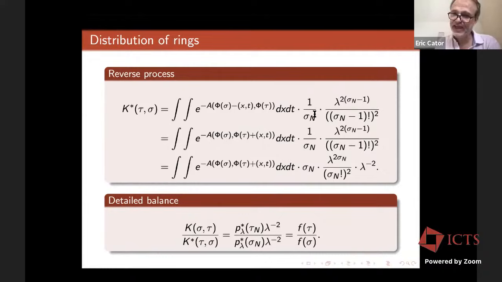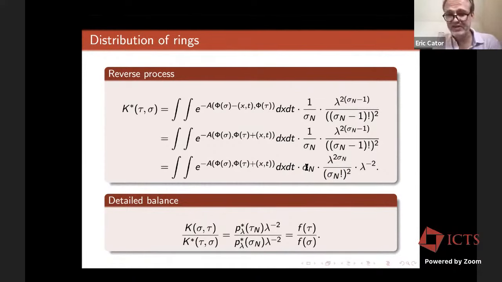Now, of course, the factors here, they're different, because before they were factors with tau, and now they're the same factors with sigma. And, well, I rewrite them a little bit. I get 1 over sigma, and here is sigma n minus 1 factorial. I rewrite it into sigma n factorial, and then instead of 1 over sigma, I get times sigma.